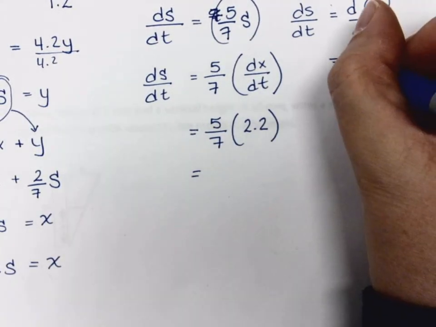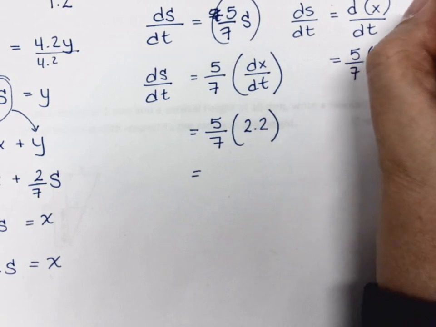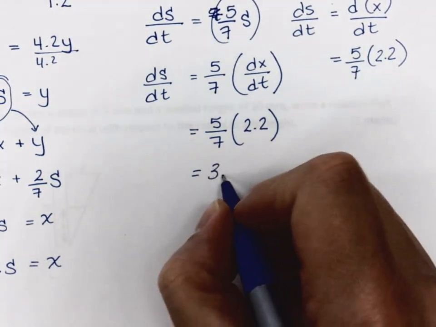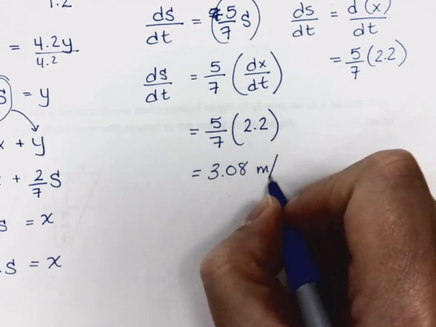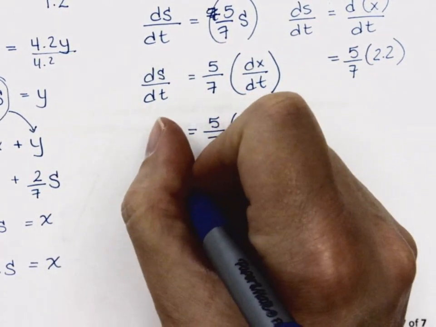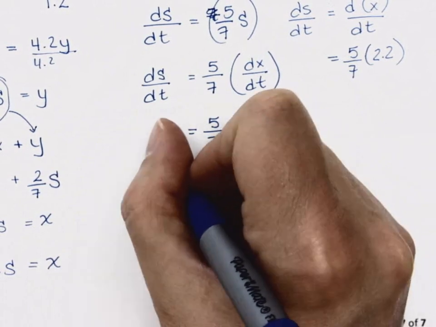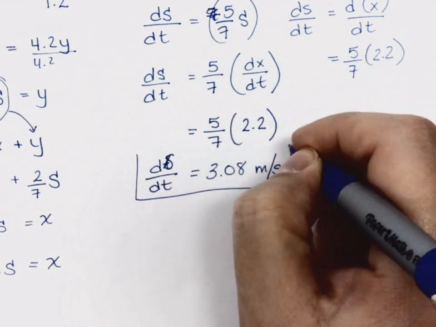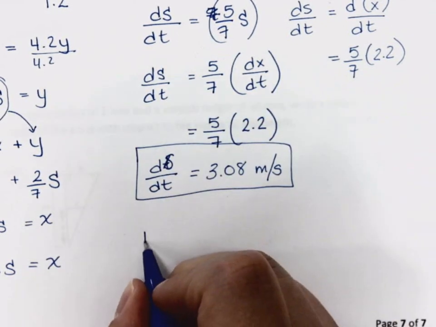So that's where we're getting the 5/7 times the 2.2. And that's going to be 3.08 meters per second. Okay, do I have more?